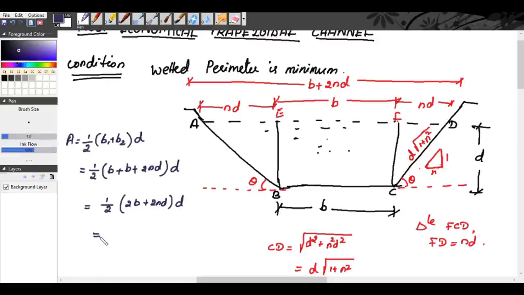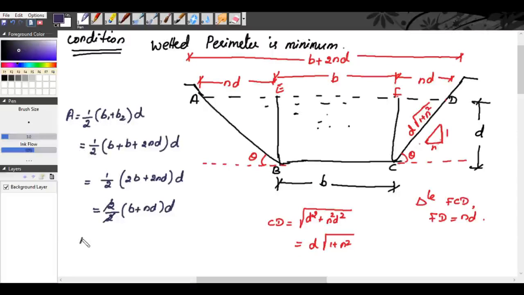So from which we get, you can take 2 outside. So 2 by 2 into B plus ND into D, we can cancel 2. We get area is equal to B plus ND into D. We will take this as equation number 1.